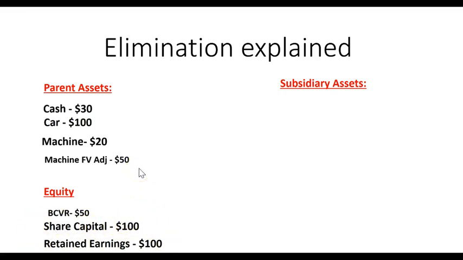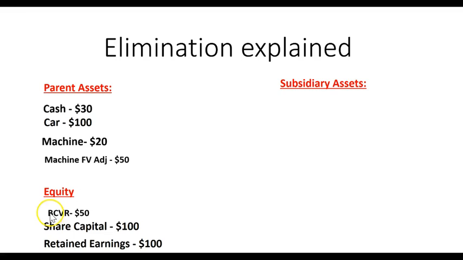Because that investment asset represents the fair value of the net assets. So it is already offset by equity that takes into account the fact that the value of the machine, in this example, needs to be increased.